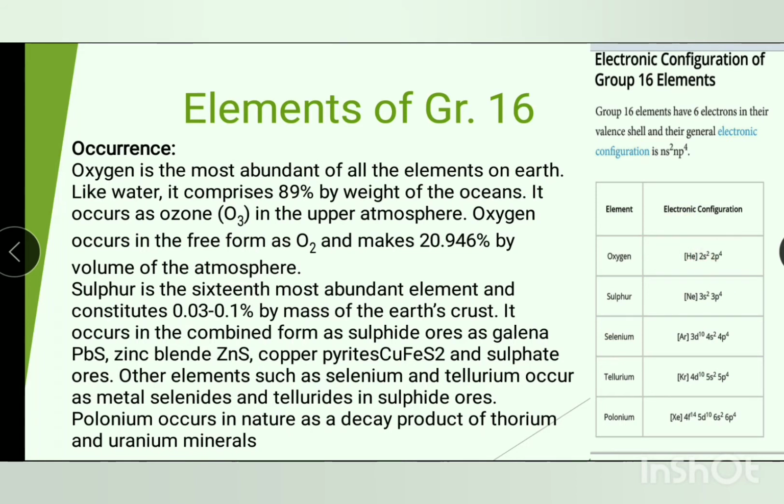Sulfur: neon 3s2 3p4. Selenium: argon 3d10 4s2 4p4. In general, the electronic configuration of these elements is ns2 np4. These 5 elements constitute group 16 in the periodic table.